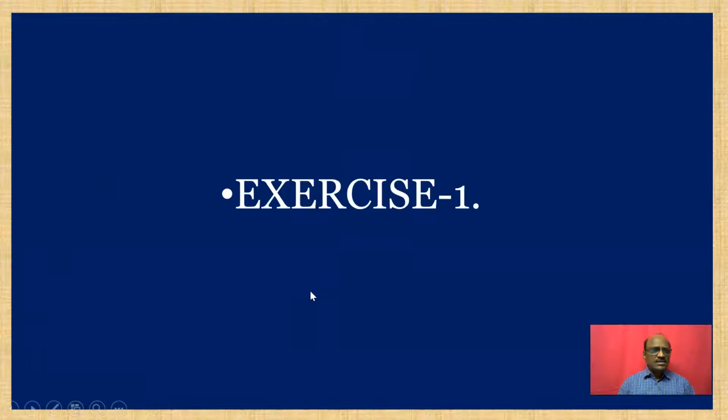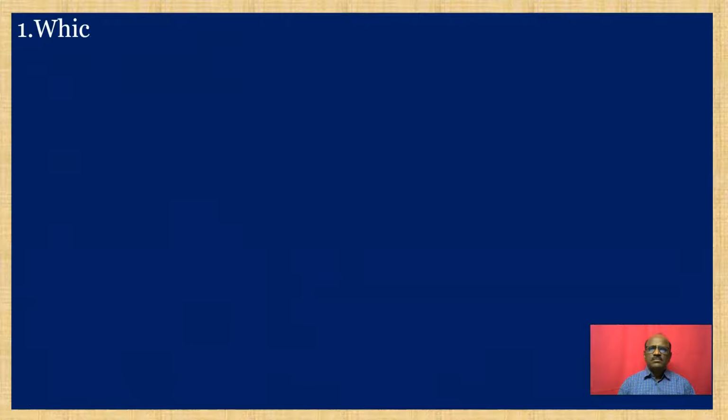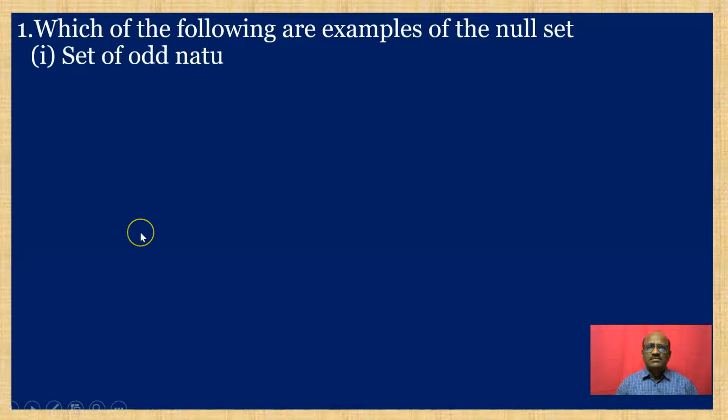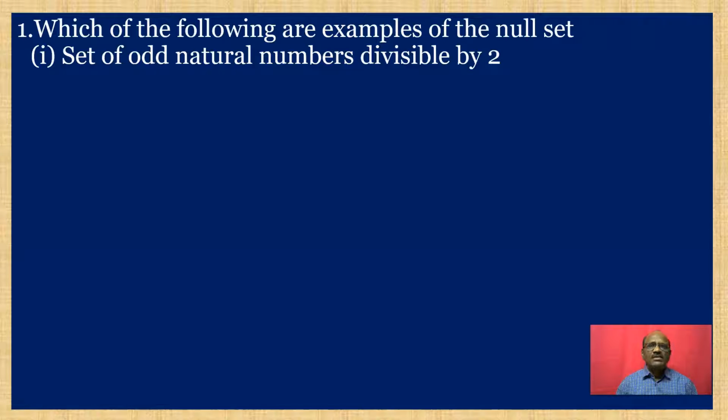I will start the exercise 1.2. Which of the following are the examples of null set? That is, set of odd natural numbers divisible by 2.